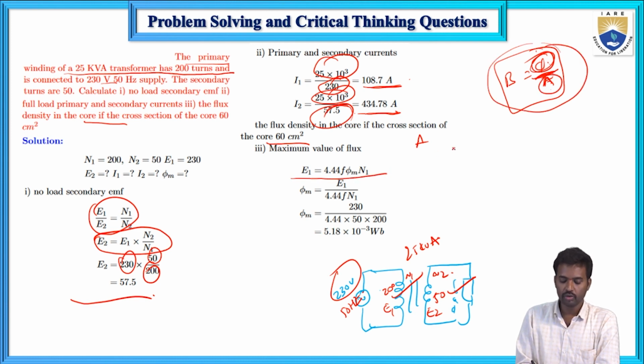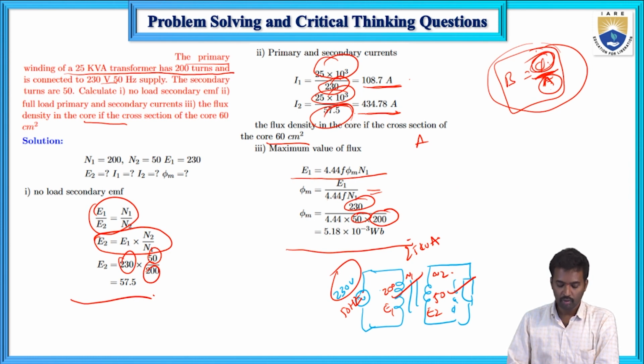So E1 equals 4.44 F phi m N1, that gives phi m equals E1 by 4.44 F into N1. Here this is 230, this one is 50 frequency and these are the primary winding turns. So this is the flux value, 5.18 into 10 power minus 3 Webers.